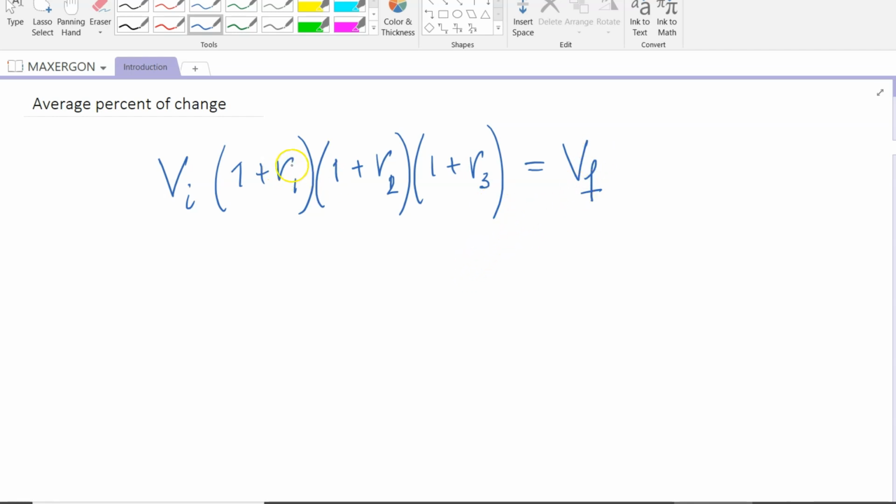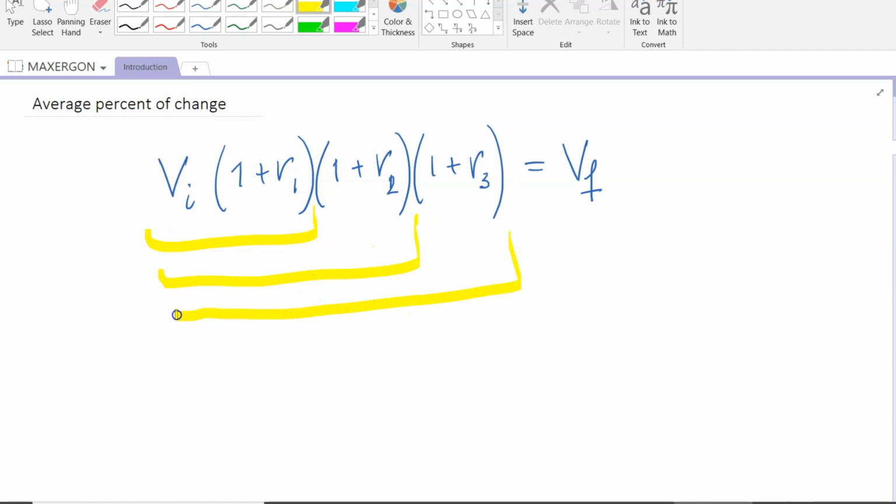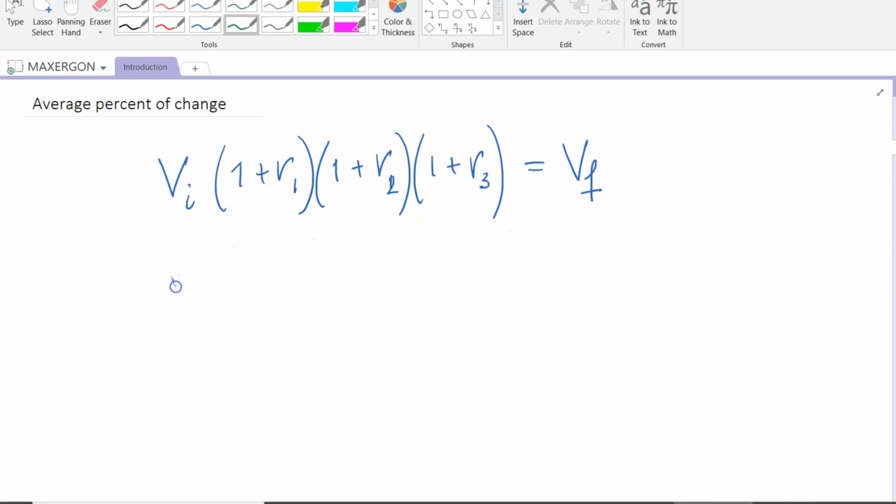You need to realize that actually there are 3 final values involved, right? The first final value is after the first increase, then the second final value, and then the third final value, which we now call VF. Let's consider now the following situation. I take the same initial value and I increase it by some percent.